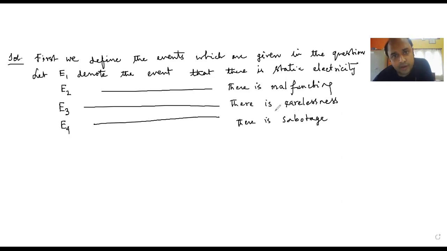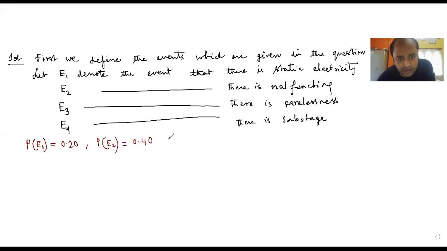And the probabilities of these events are given. The probability of E1 is given to be 0.20. Probability of E2 is given to be 0.40.